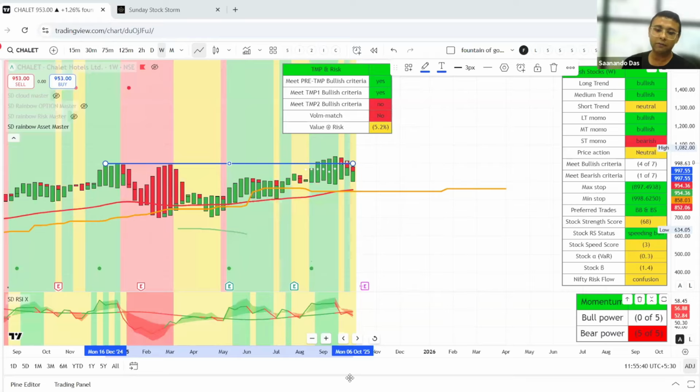The USA stock market on Friday has given a sharp drop. What is my view? The US stock market has been rising steadily. Very, very strong rise.